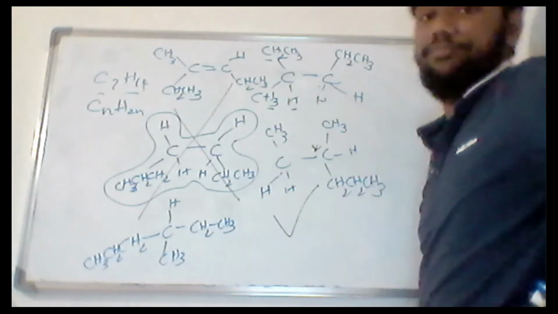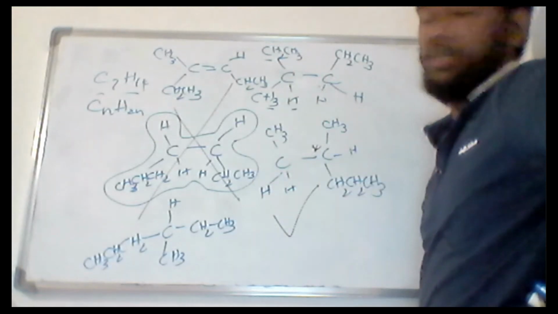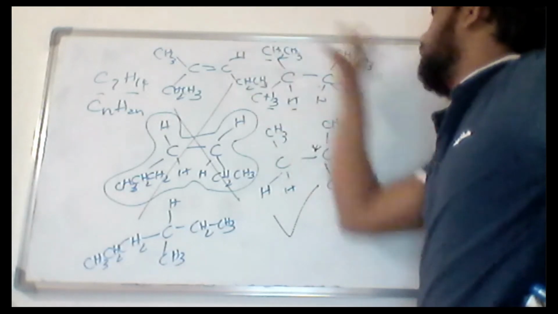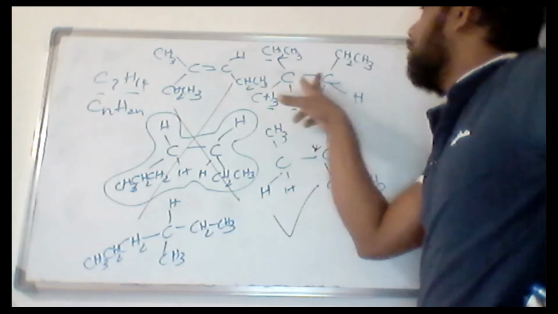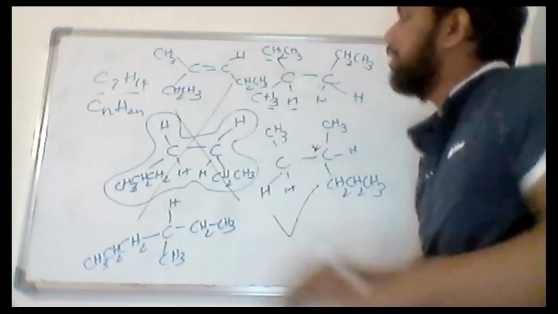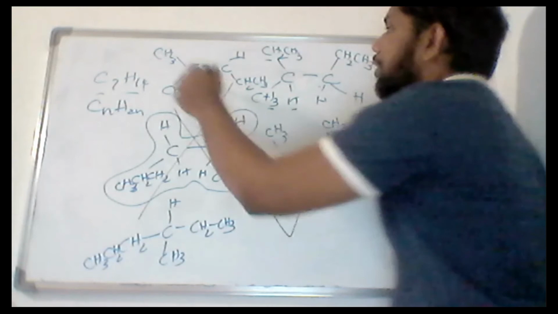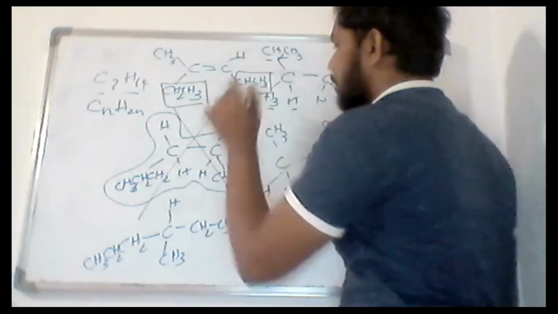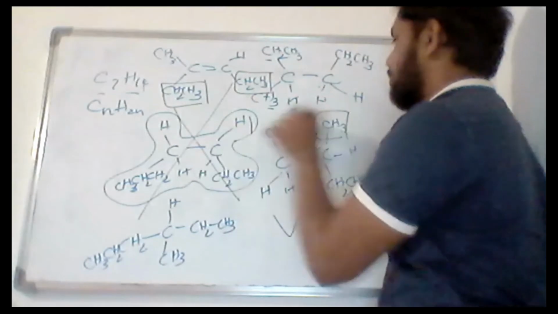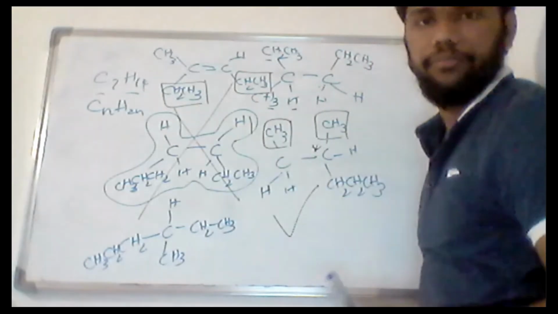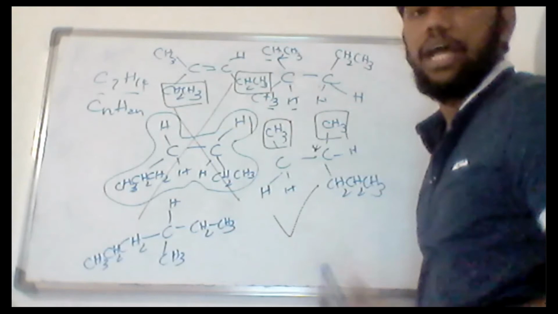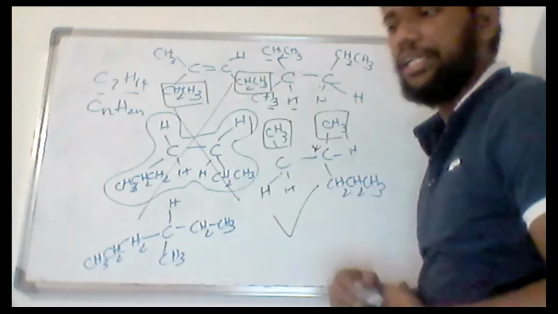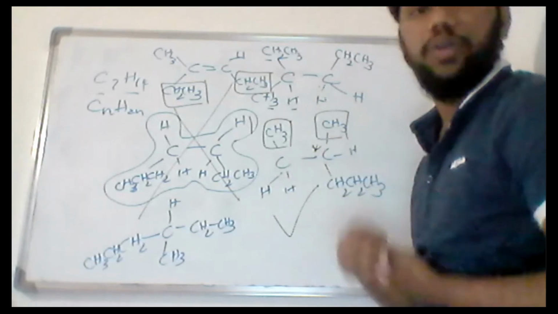Now, what is the overall idea here? If you have this geometric isomerism, which is forming according to these two groups here and these CH3 groups, what is the typical idea of it? When you do the catalytic hydrogenation, it should form the same compound A.